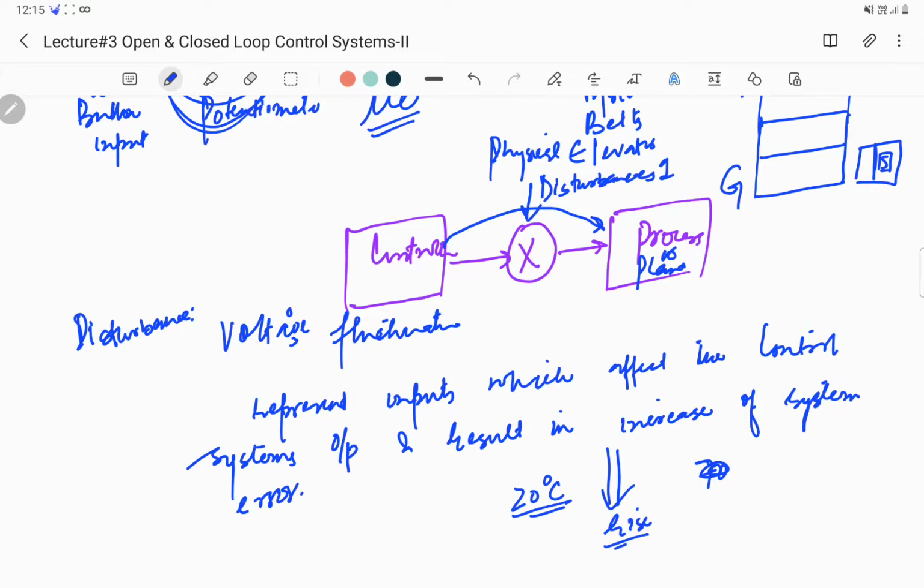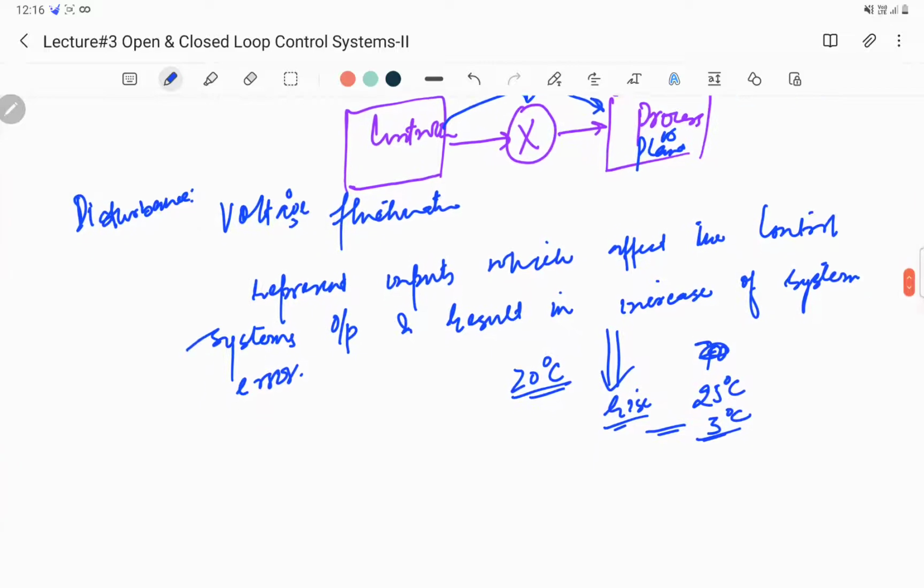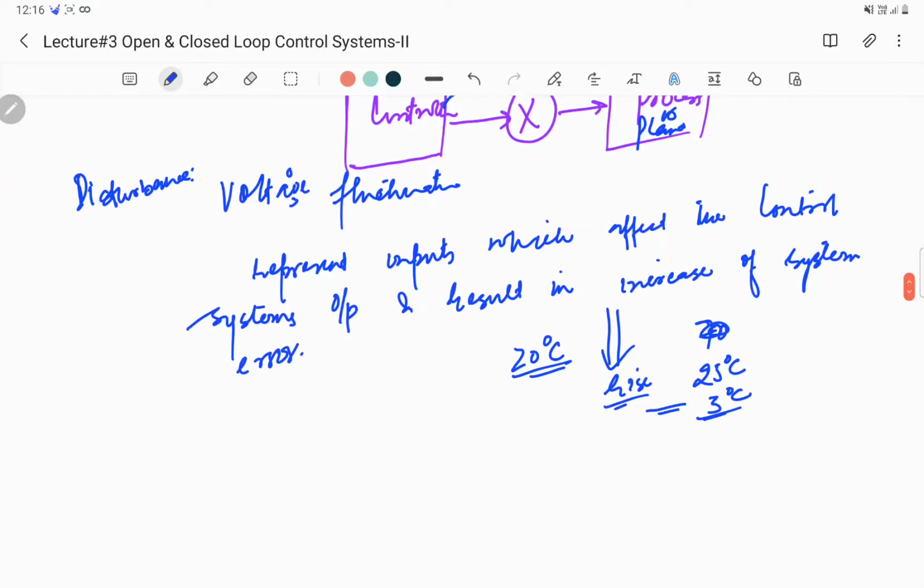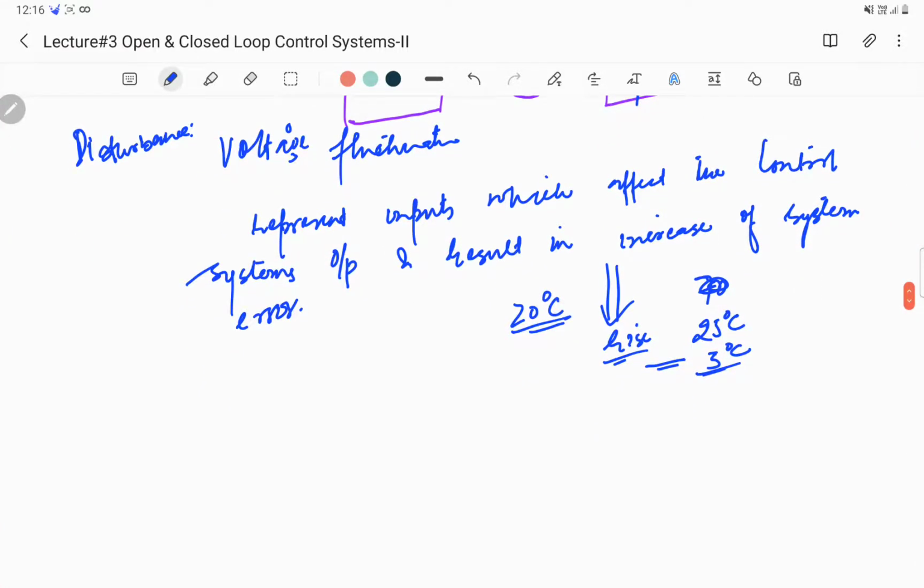If it reaches 25 degrees centigrade, the error in this case would be 5 degrees centigrade. So this disturbance eventually results in creating an error. So it is basically the job of a control system engineer to properly design the control system to partially eliminate the effects of disturbances.